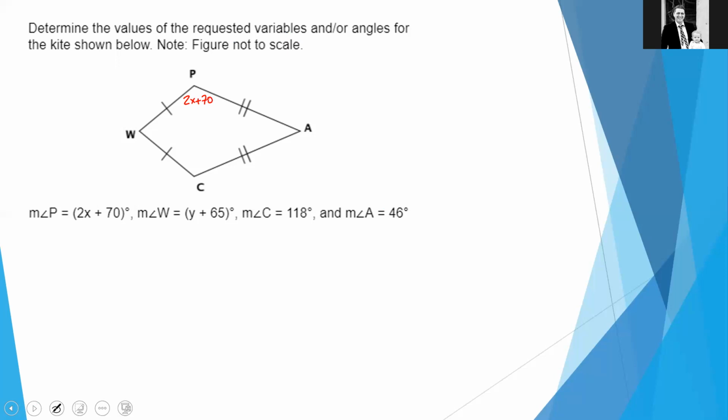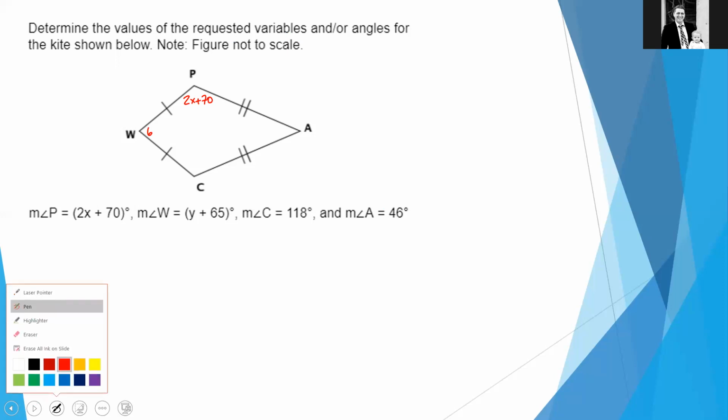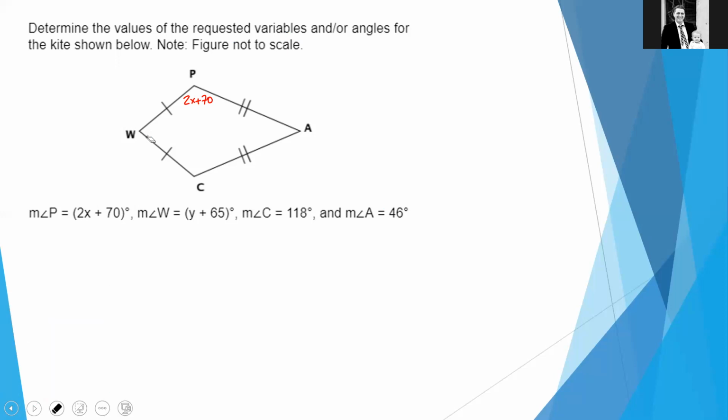The measure of angle W is y plus 65. The measure of angle C is 118. And the measure of angle A is 46.